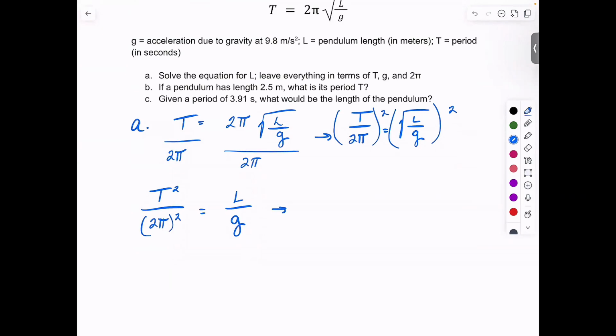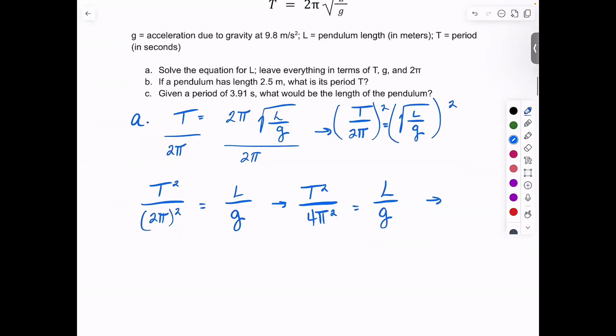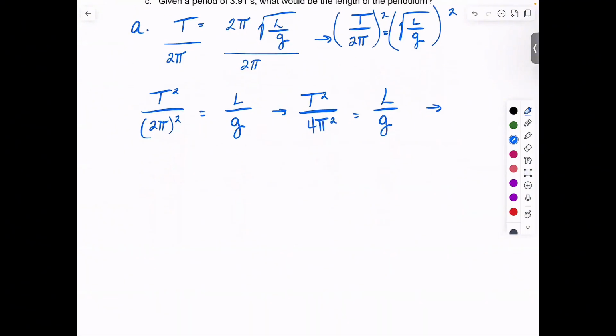Now I'm just going to do it a step further. T squared, on the bottom we'll have 4 pi squared. Remember, both the 2 and the pi are squared. And there we have it. Whenever I have a fraction on both sides of an equal sign, I want to go ahead and cross multiply, and I'll do some additional algebra to isolate that L. So when I cross multiply here, I have T squared times g equals L times 4 pi squared.